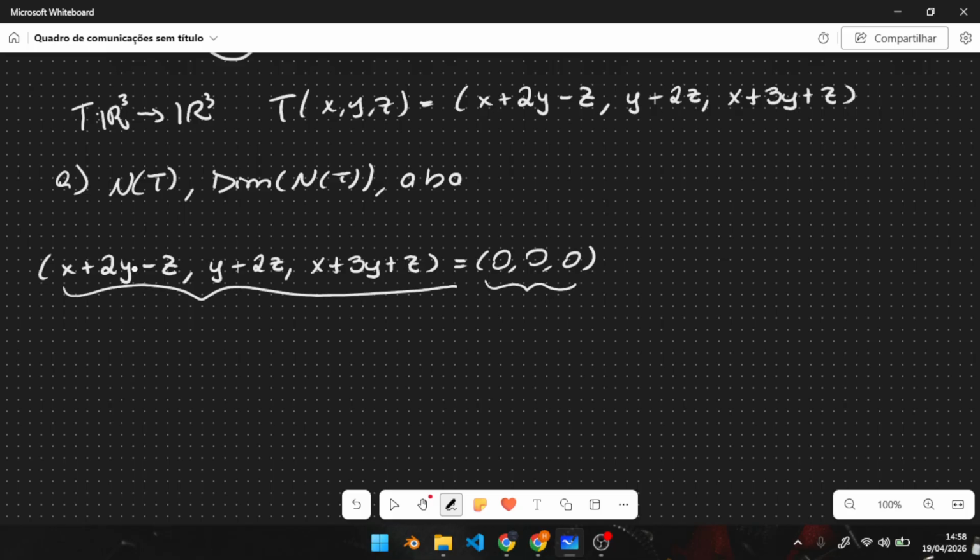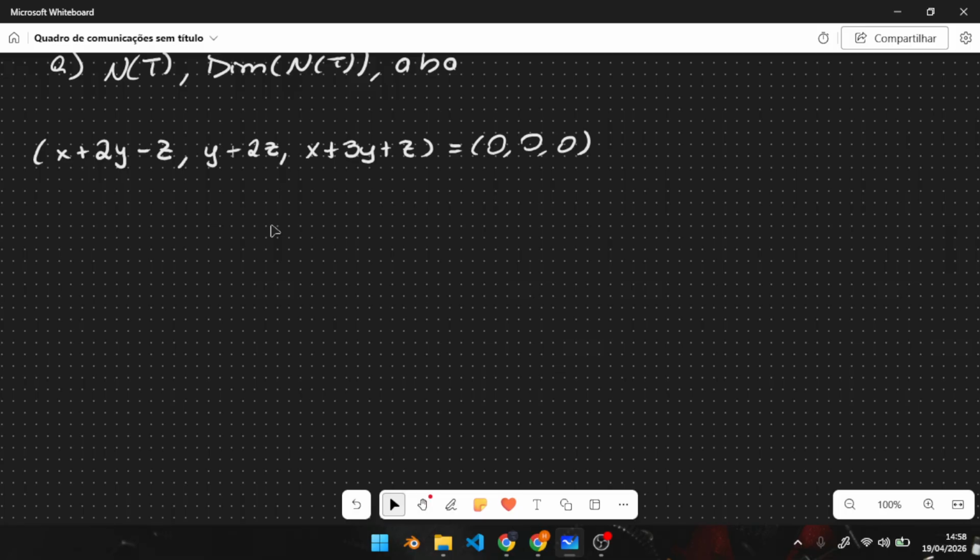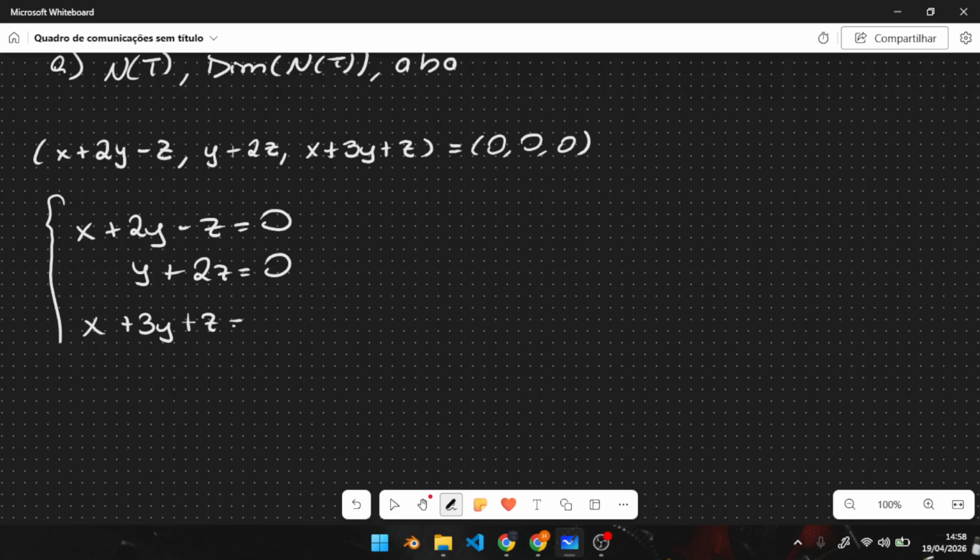And then you're gonna have a rule for all the vectors in V to follow if they want to be part of the null space. So this gives you a system in which x plus 2y minus z is 0, y plus 2z is 0, and x plus 3y plus z is also 0.